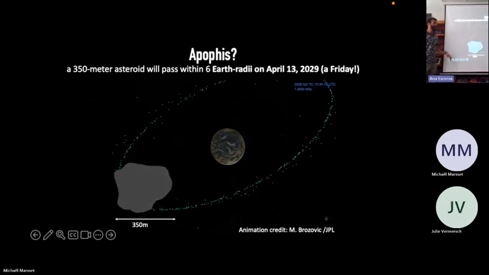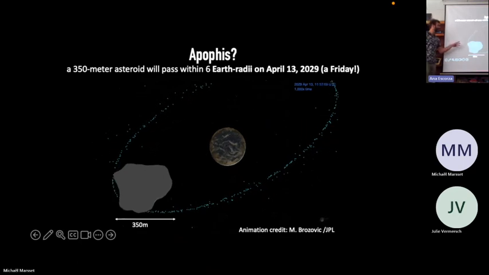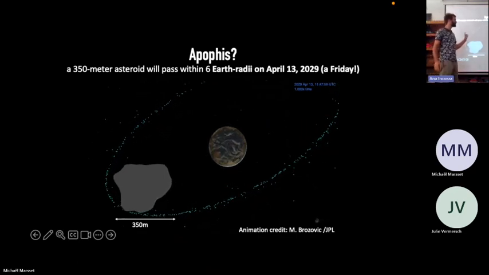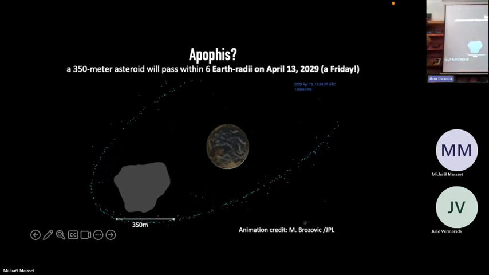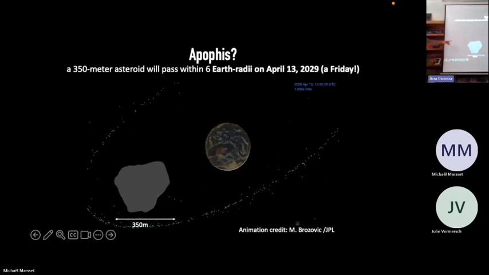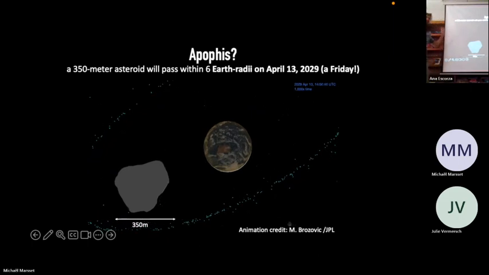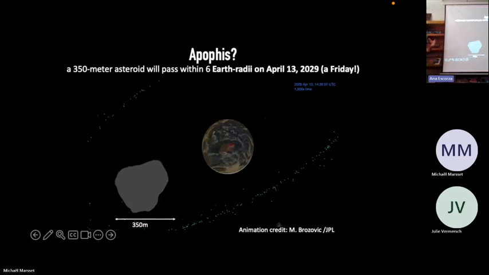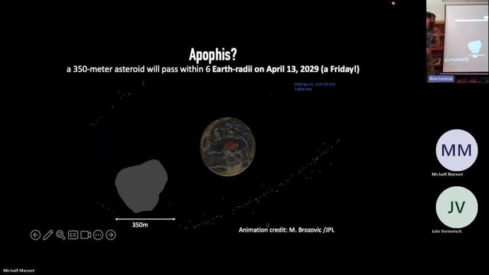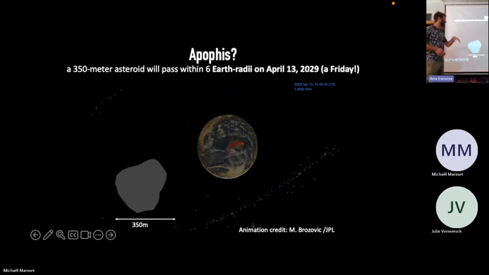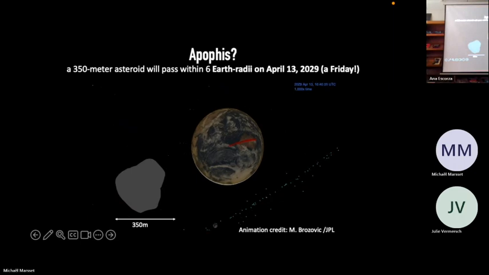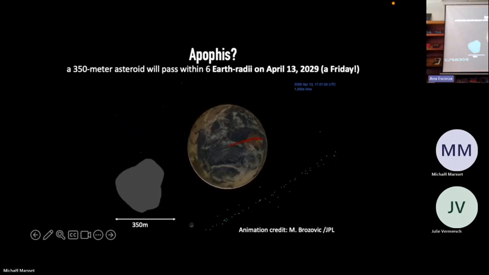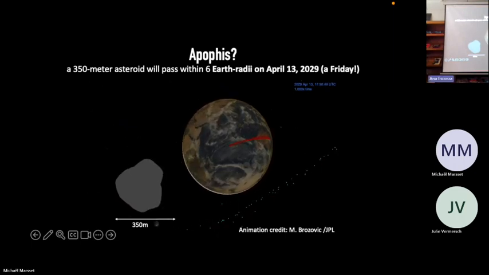Just to give you a bit of goosebumps, this is an actual simulation of what is going to happen, seen from the asteroid. The time is accelerated 1,000 times. Those blue dots are geostationary satellites. So the asteroid will be first visible from Australia, and then it's really close.